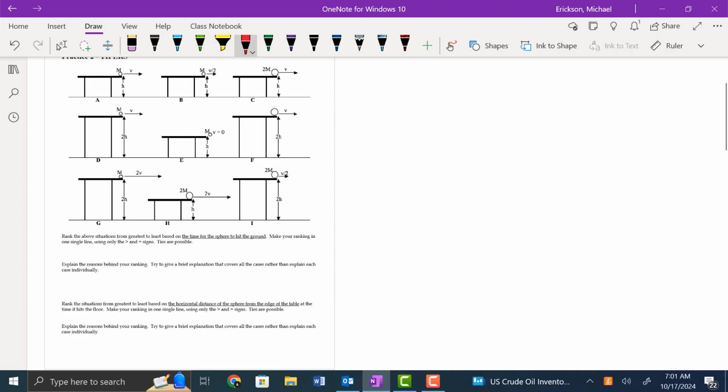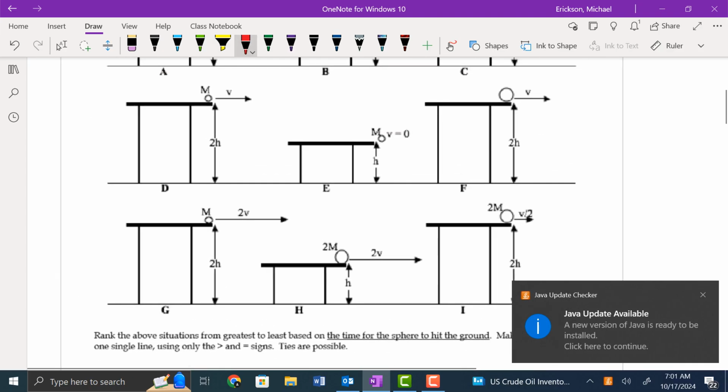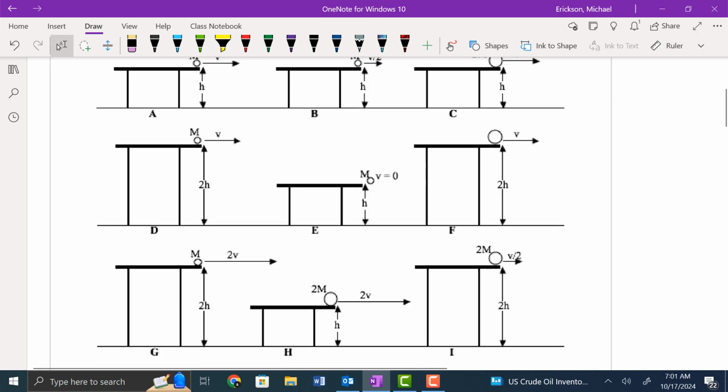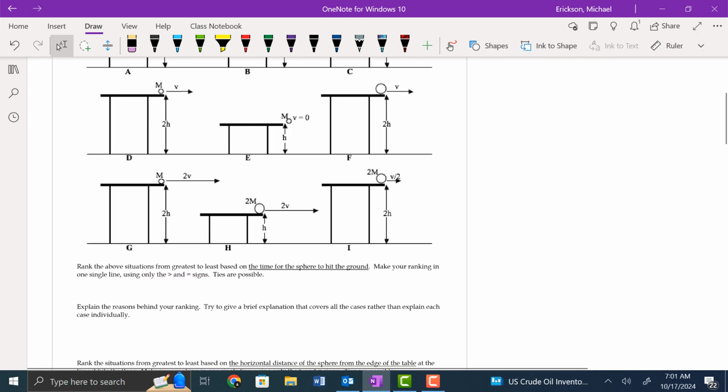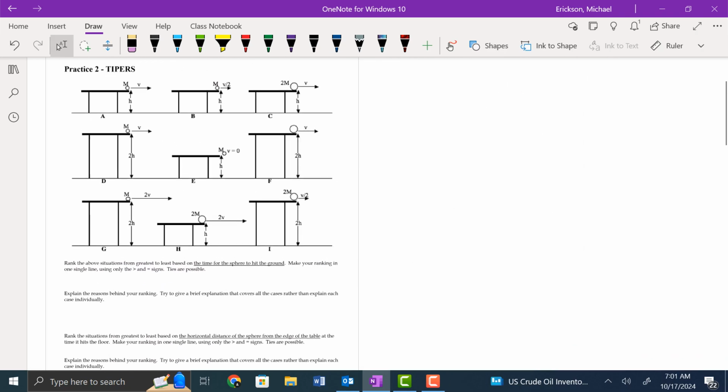So hopefully y'all paused the video, and what I will say about this is that as far as time in the air goes, the only acceleration in projectile motion is in the y direction: negative 9.81 meters per second squared.